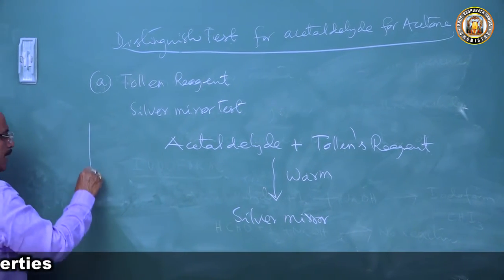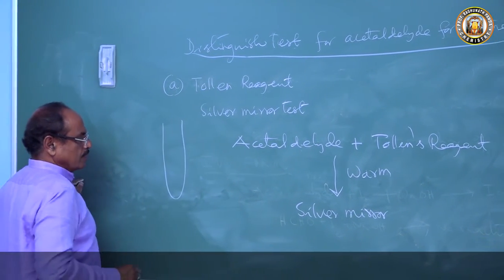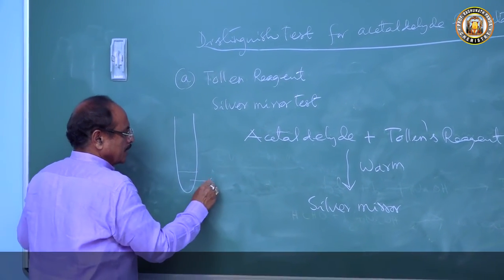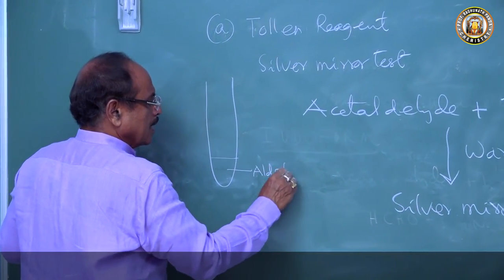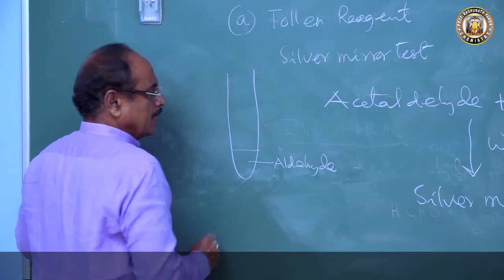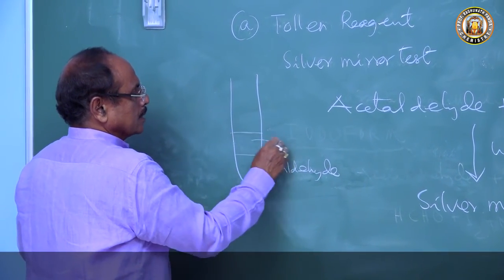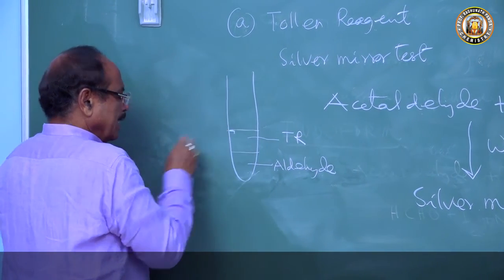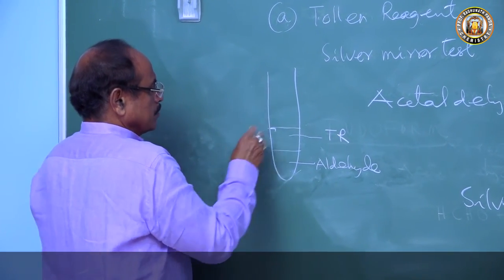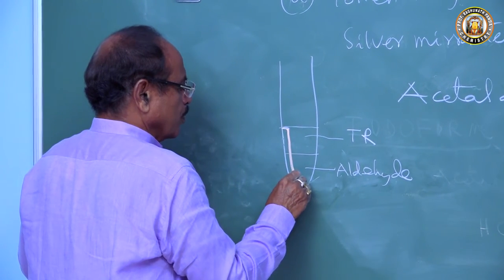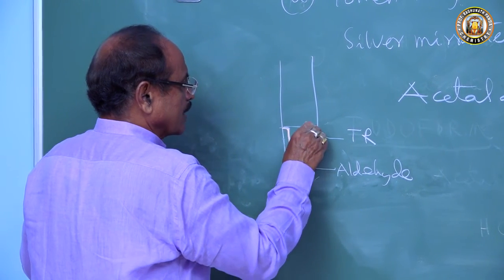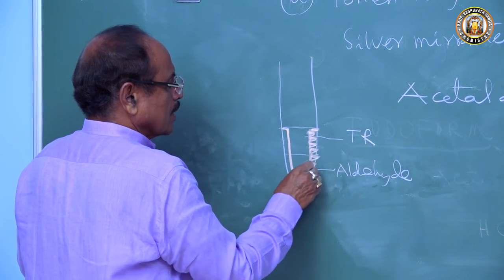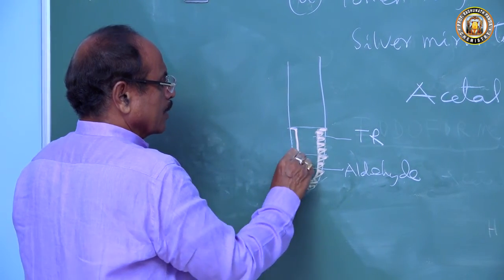That means if you take a test tube with any aldehyde, both formaldehyde and acetaldehyde, and add the Tollens reagent and warm, then inside the test tube we will get a coating of metallic silver.